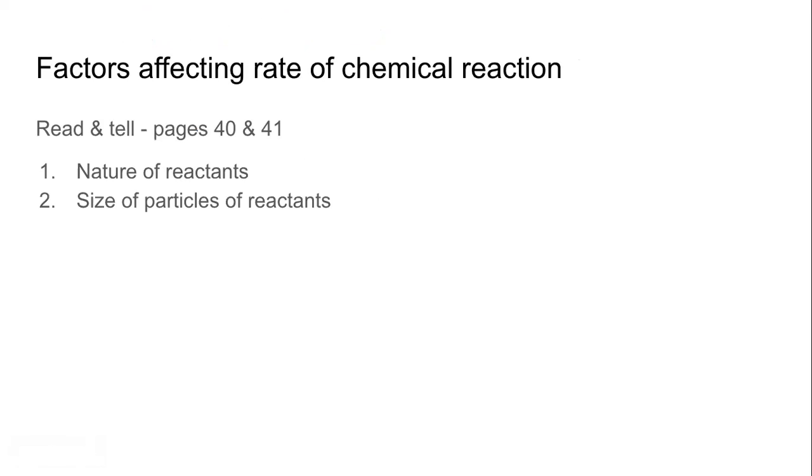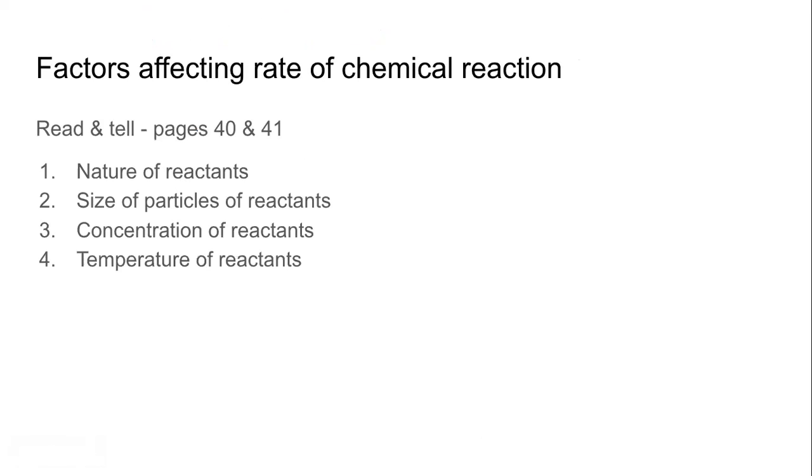Third one, concentration of reactants. Fourth one, temperature of reactants. Fifth one, presence of catalyst. I'm suggesting you don't write catalyst, you write presence of catalyst. This makes more sense. You will understand it in a moment. These are the 5 things.